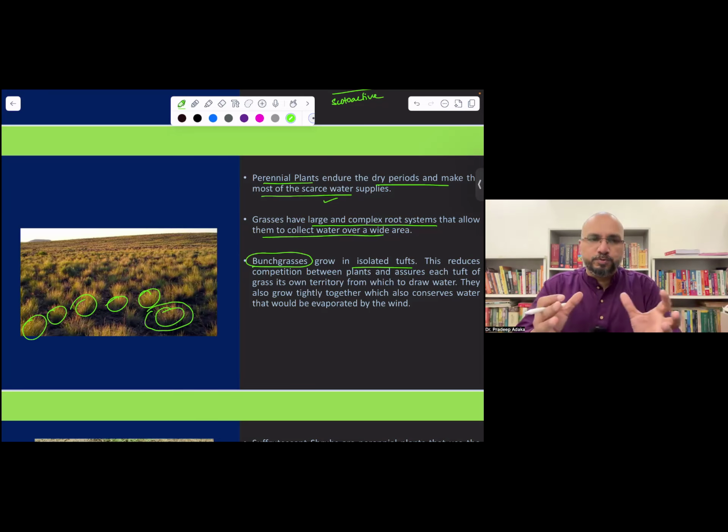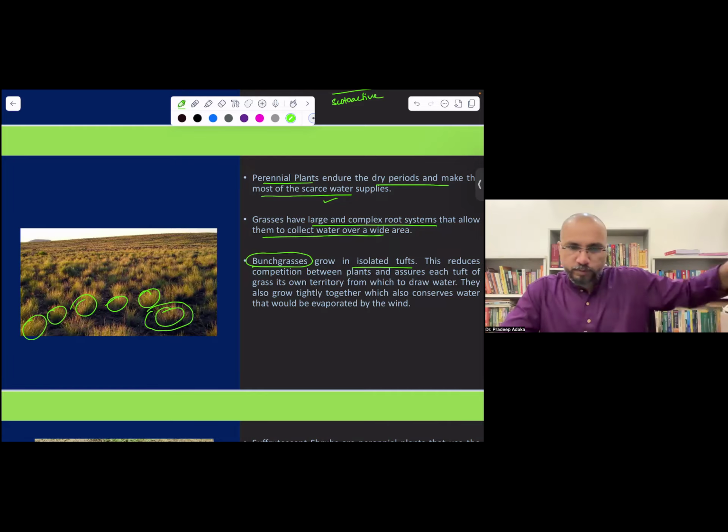They are growing in groups, and every group is separated from other group. Okay, there is some area in between. So they will absorb the moisture from the surrounding without competing with other groups. If they grow in groups, competition will not happen, competition will be minimized.